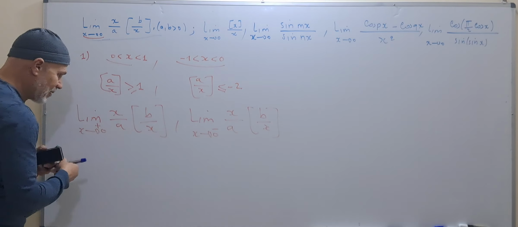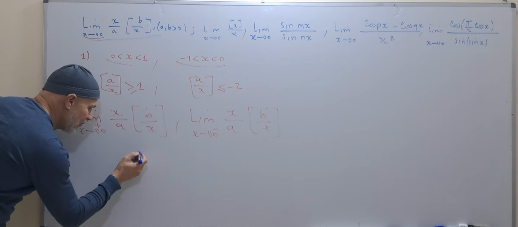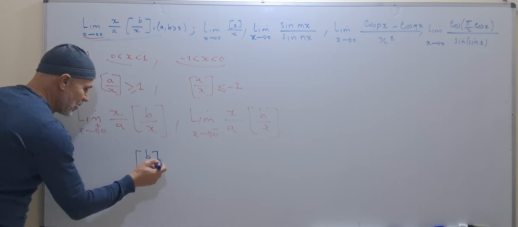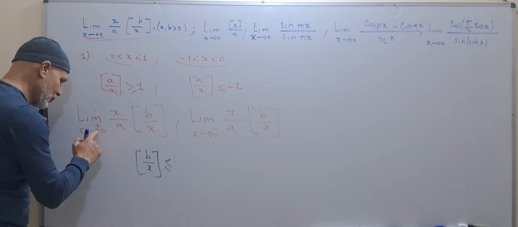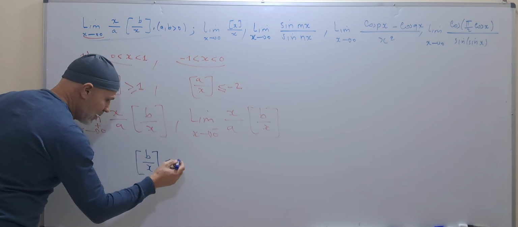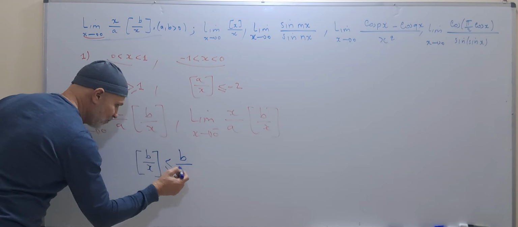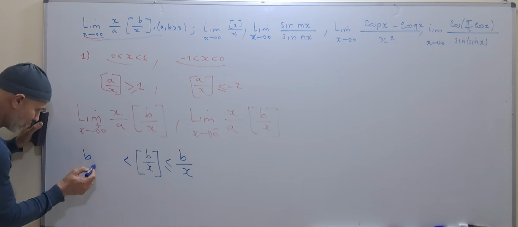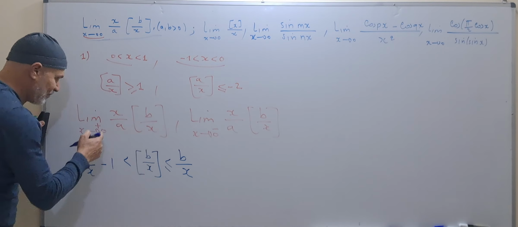For this case, we have b divided by x minus 1 strictly less than the integer part of b over x, which is less than or equal to b over x, since x is positive.